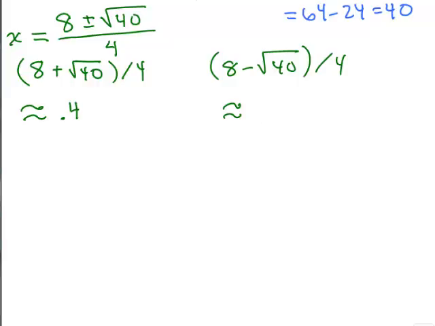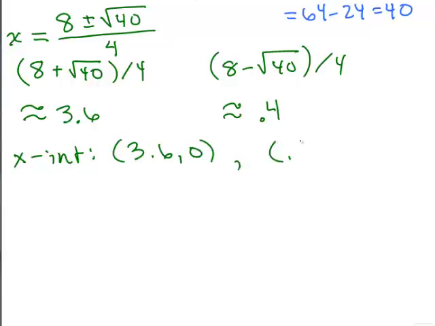Let's see. Yeah, I did that backwards. This is the one that simplifies to 0.4, and the other one rounds to about 3.6 to the nearest tenth. So these will give me x-intercepts of 3.60 and 0.40.